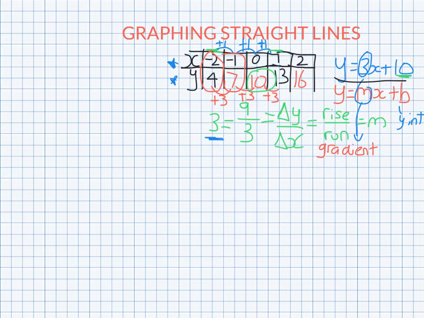Each of these possible solutions is a point in the Cartesian plane, and it turns out that because the relationship is linear, all of those points will lie in a straight line. That straight line is what you need to draw when you're asked to graph an equation.